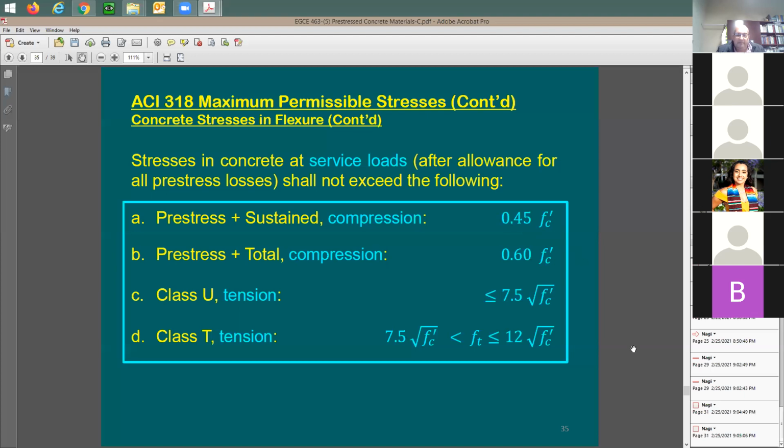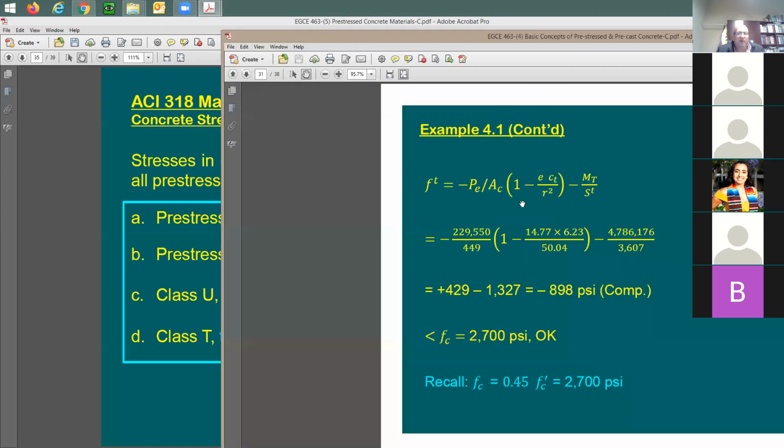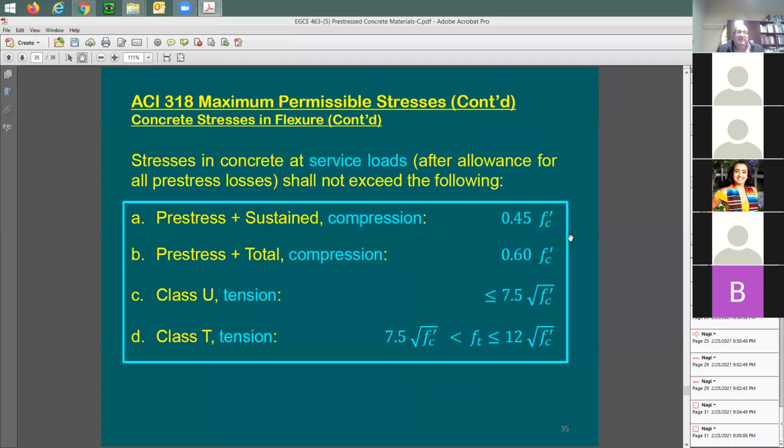Some people would say, just make it simple and do the check based on 45% for the entire load. If it passed, there is no need for me to do it for the total. So if I do it for the total and I'm within 45%, I'm good, I'm free. I don't really need to do an additional check.